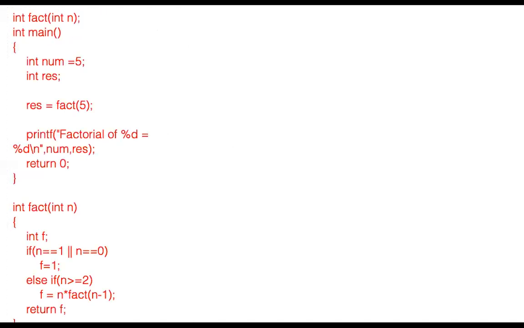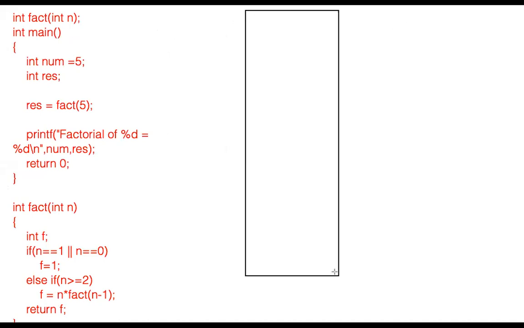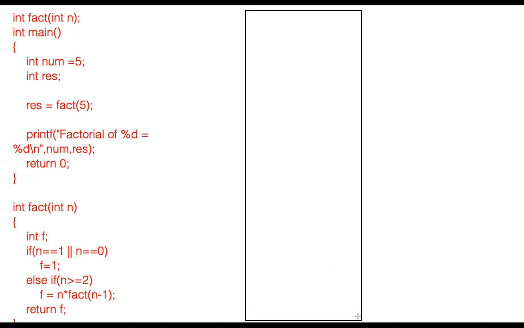This is our program, and tell me how the function call gets resolved. To resolve the function call, which memory is useful? Stack memory. So this is my stack memory.